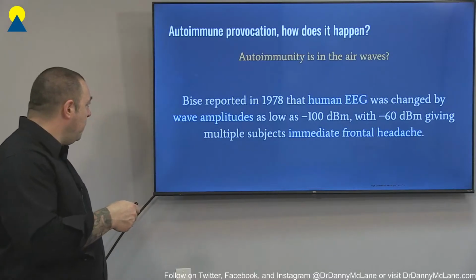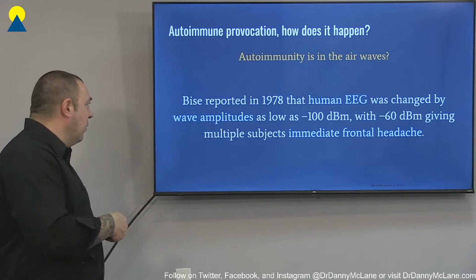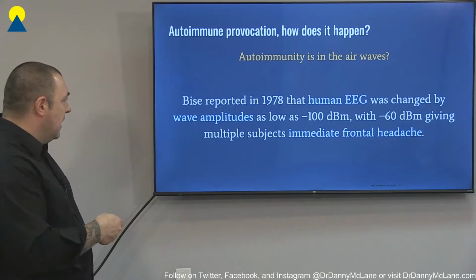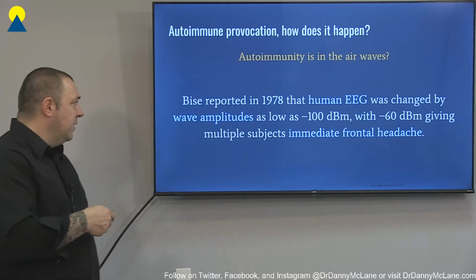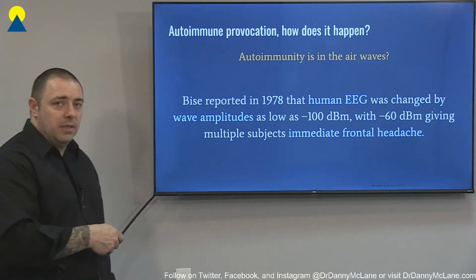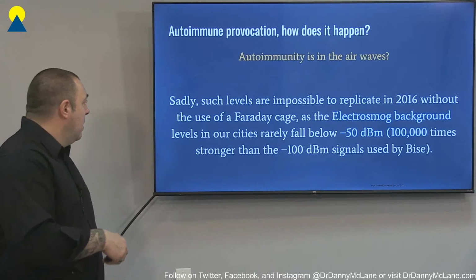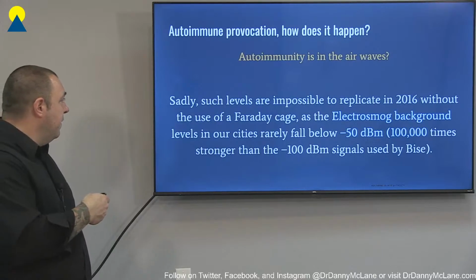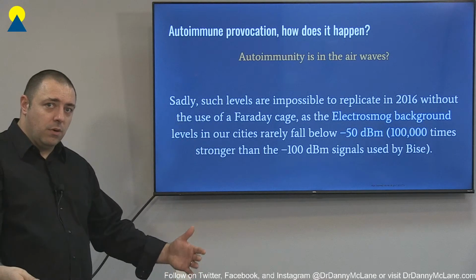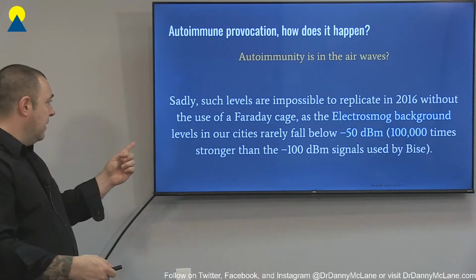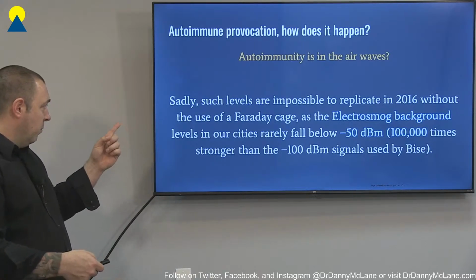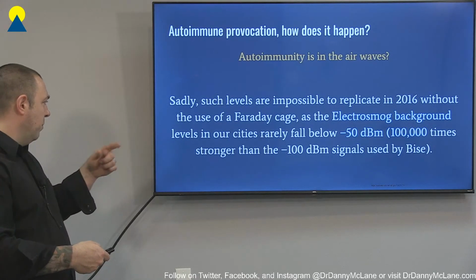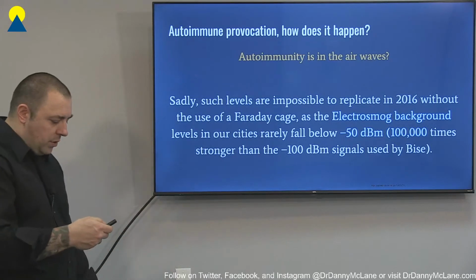Okay, there's a scientist, Bies, who reported in 1978 that human EEG was changed by wave amplitudes as low as negative 100 dBm, with negative 60 dBm giving multiple subjects immediate frontal headaches. Now, here's the crazy part. Sadly, such levels are impossible to replicate in 2016, which is when this study was done, without the use of a Faraday cage, which is basically a cage that blocks out all of the signals, because in cities, the background electrosmog rarely falls below negative 50, which is 100 times more potent than the negative 100 signals used in the original study.